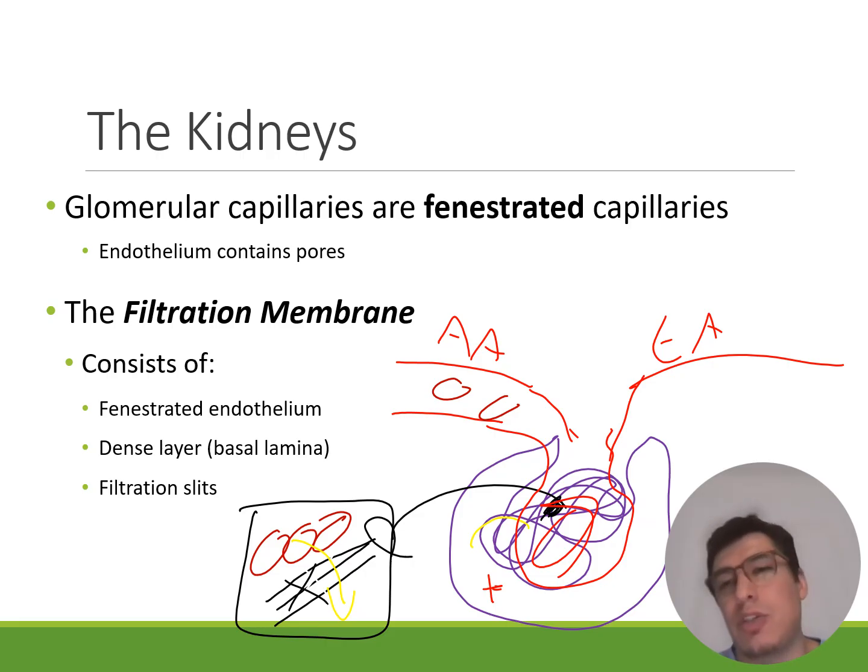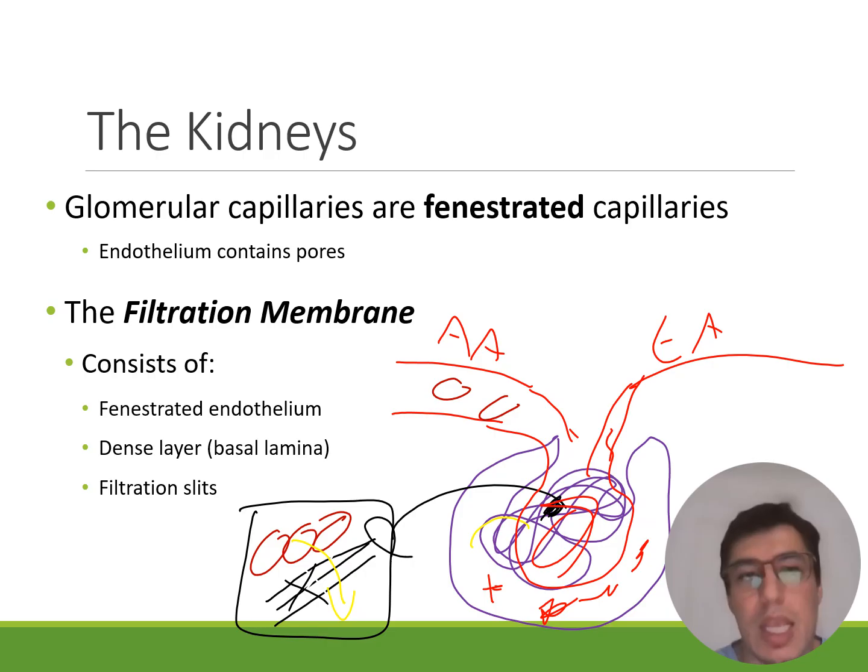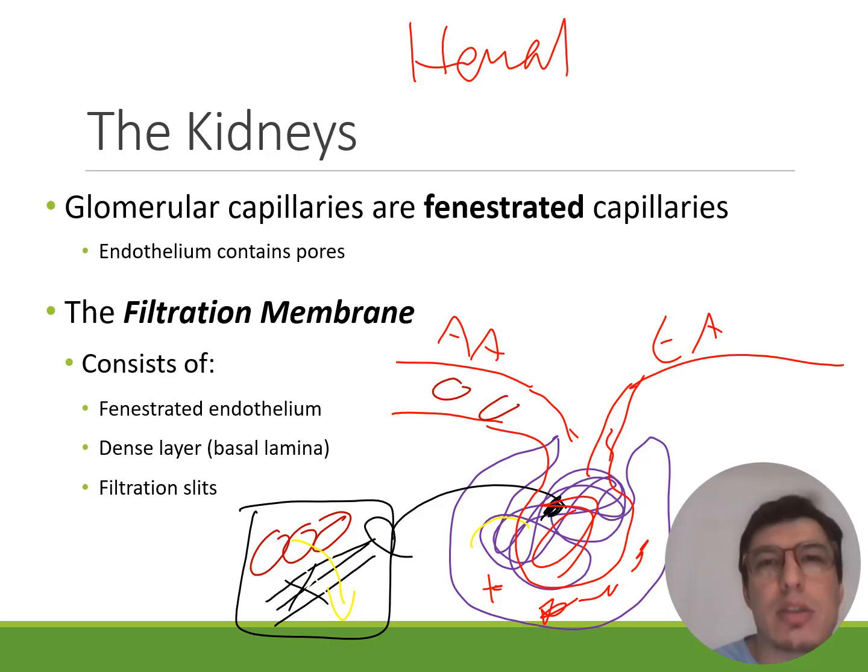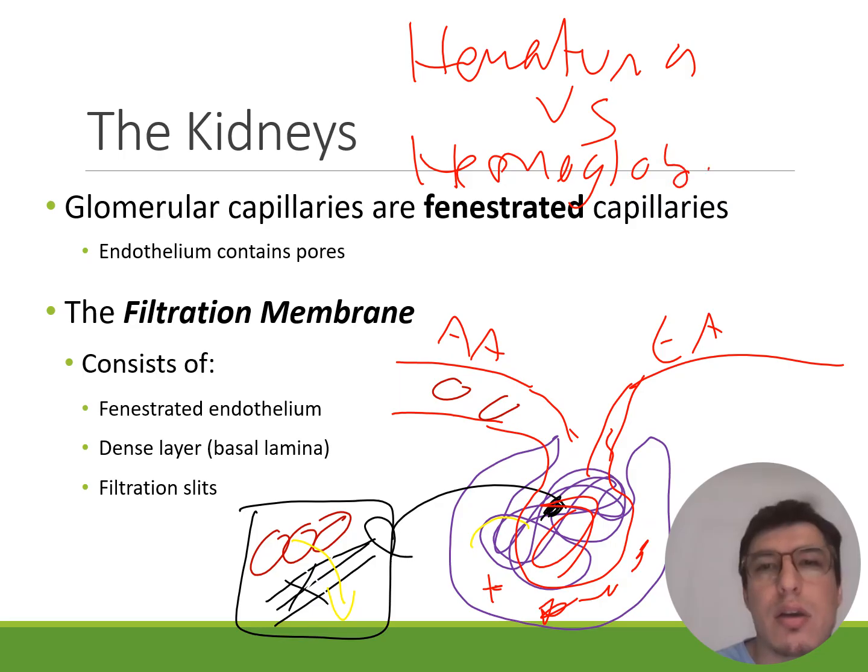If there is a large breakdown of red blood cells within your body, it will lead to hemoglobin being released, and this will cause your urine to be red, not because there is blood, but because there is hemoglobin. All right. That disease is called hemoglobinuria. So hematuria versus hemoglobinuria.